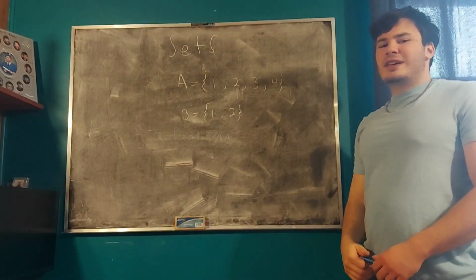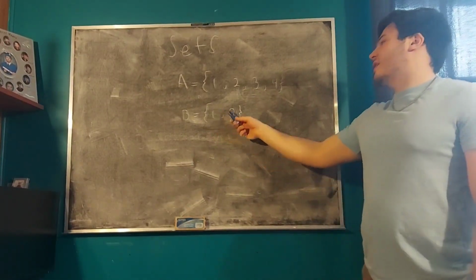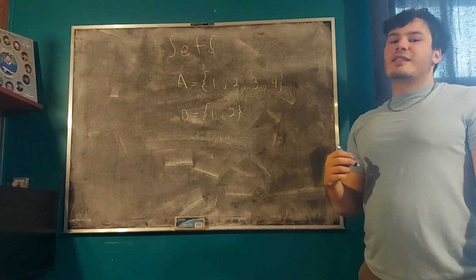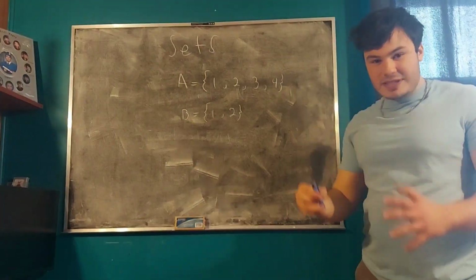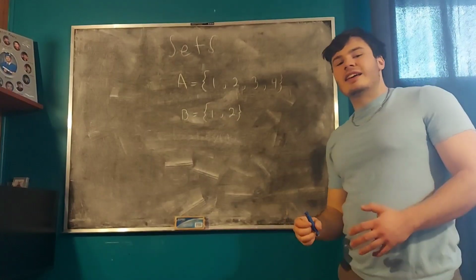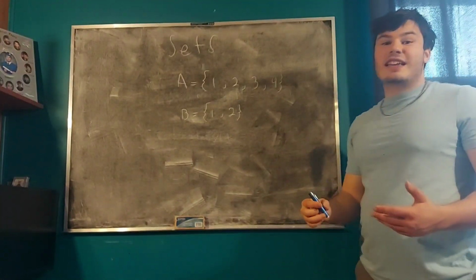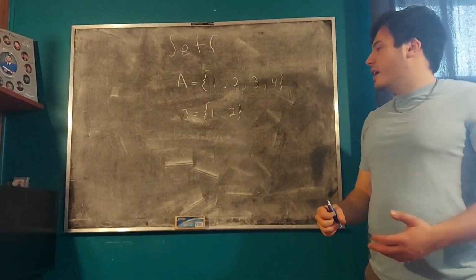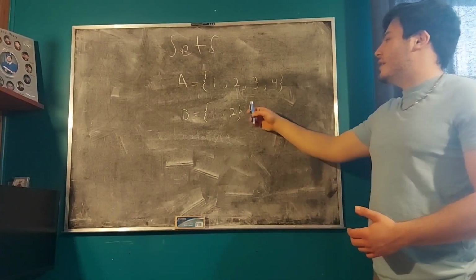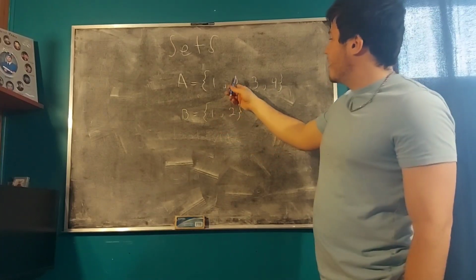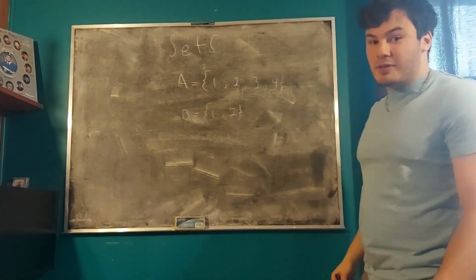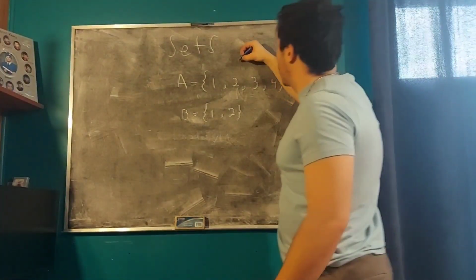What you may notice here is that all of the elements of B are inside of A. This leads us to another definition known as a subset. A subset is a set within a set, essentially. And this is the case with A and B here. We see that B is already in A. So another way that we could write A is like this.